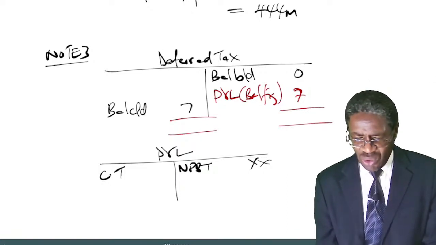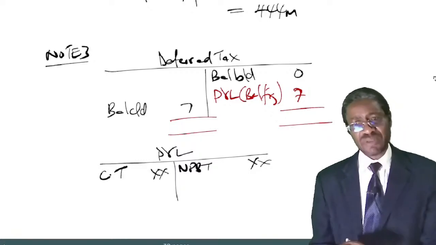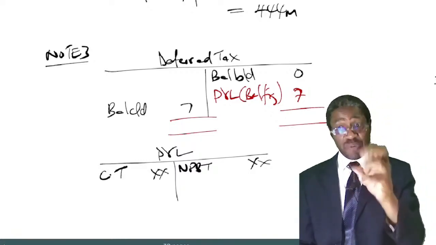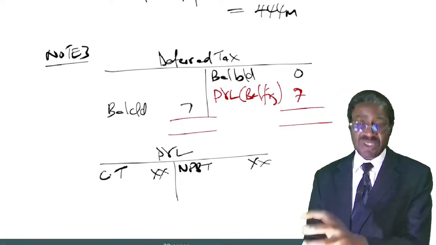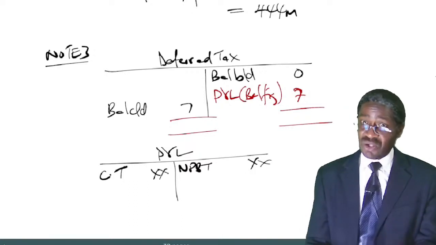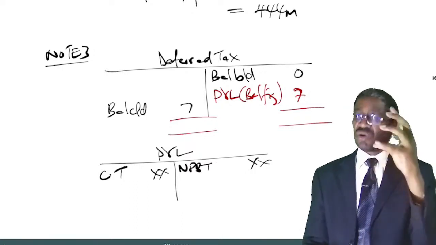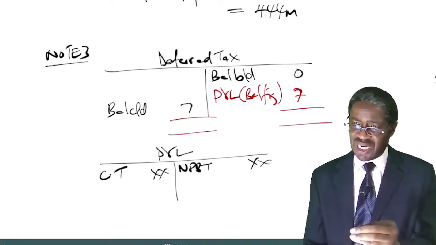Current tax is always paid out of profit and therefore it should be debited. If you are paying corporation tax out of the profit and profit is always a credit balance, you cannot credit again. You must debit. So corporation tax or current tax is always debited in the P&L account.